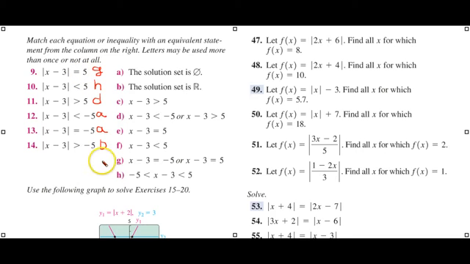So that's G. Here again, we remove the absolute signs and write it this way. Remove the absolute signs, reverse our direction, and put a negative, and that's letter H.